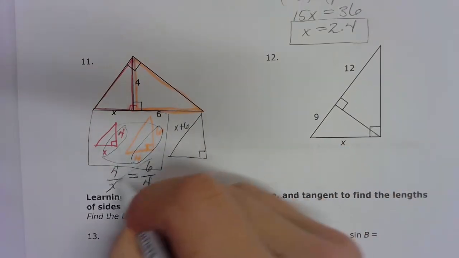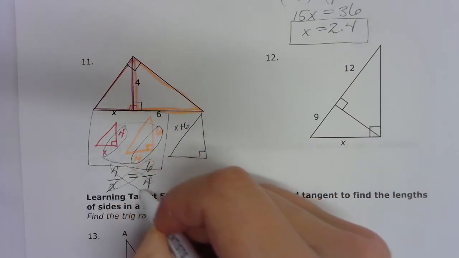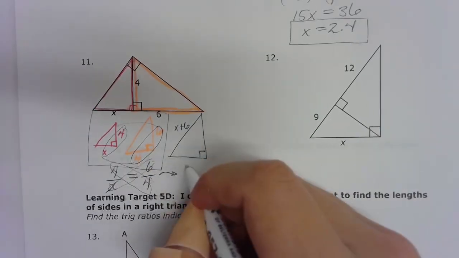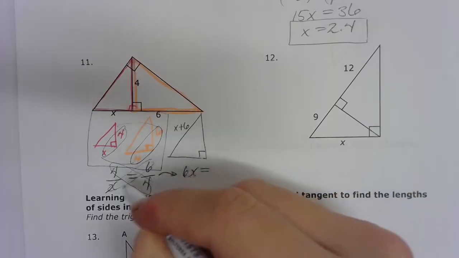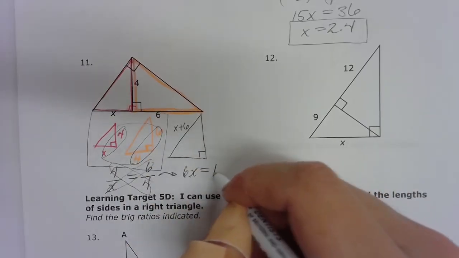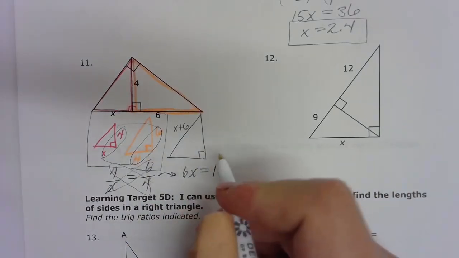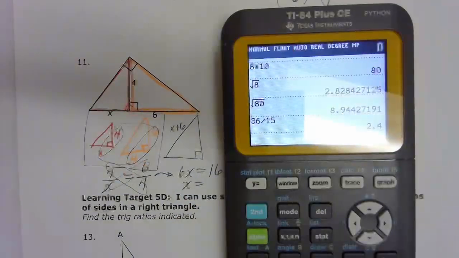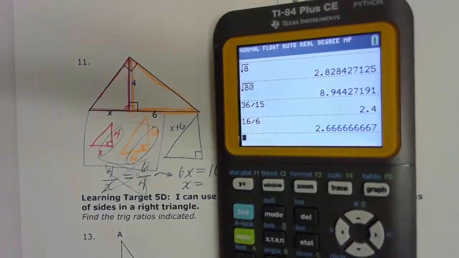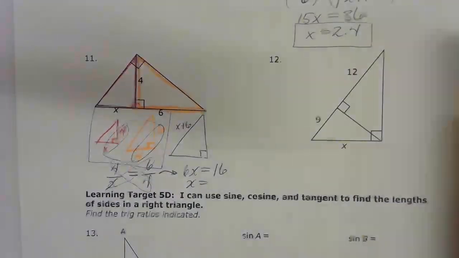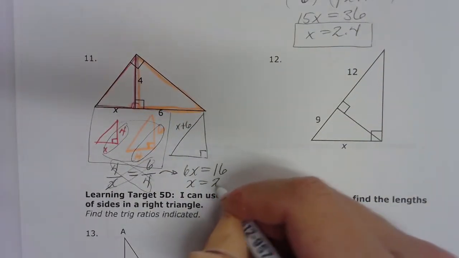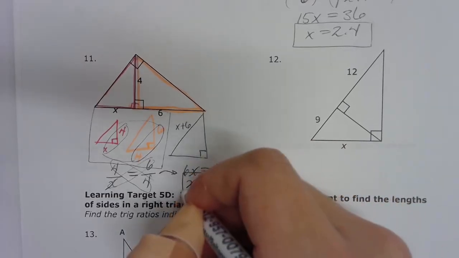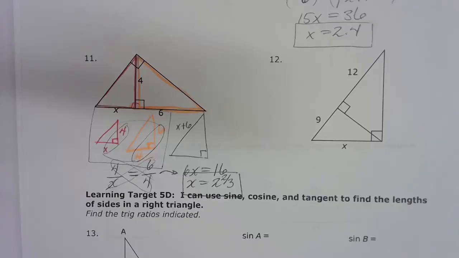Ready? I'm going to take cross multiplication here. Don't call it butterfly method. And in the next step, I have 6 times x, that's 6x equals, and then here, 4 times 4, that's actually 16. And so then I'll divide both sides by 6 here to get x must be 2.6 repeating, or 2 2/3. I'm going to write 2 2/3 just for accuracy's sake and box it in.